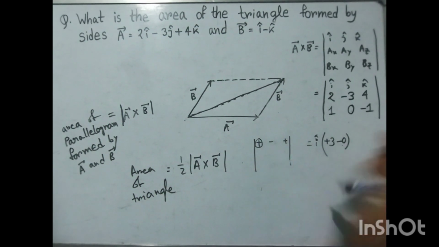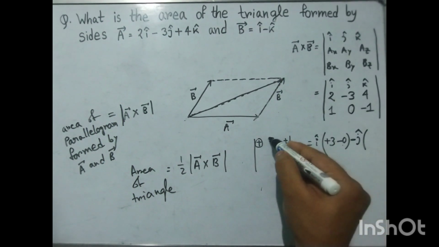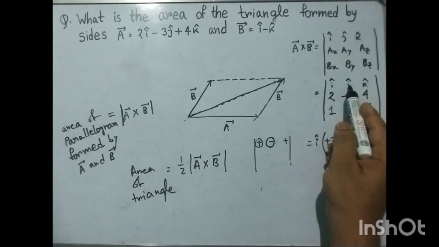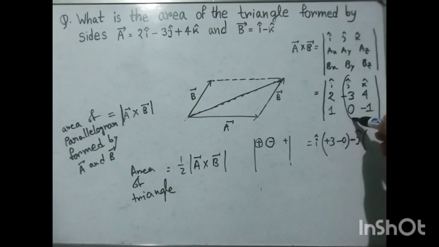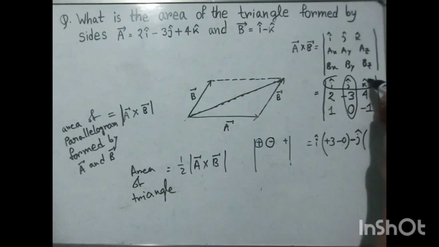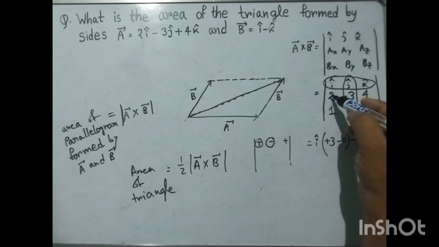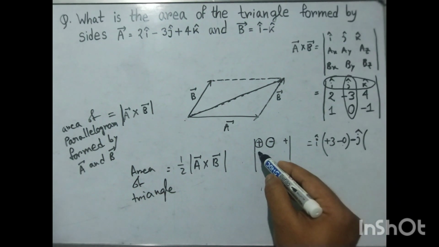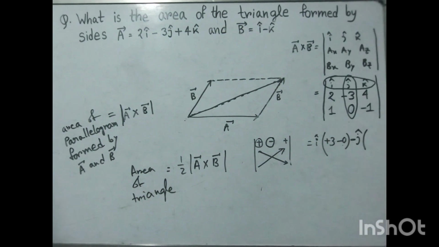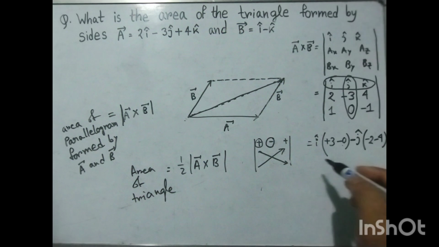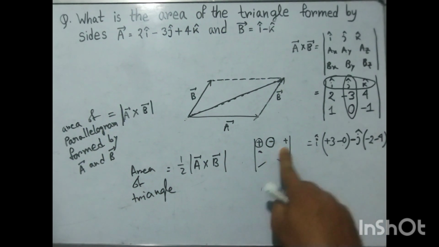Now the second one, that is minus j cap. This minus is because of this, and now for minus j cap, you have to omit this line. So now you have to multiply this and this: 2 into minus 1, this is minus 2, minus, then 1 into 4, so that will be 4, and then this work is also done.